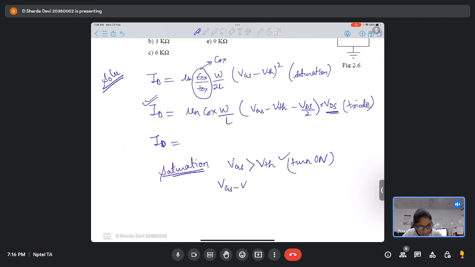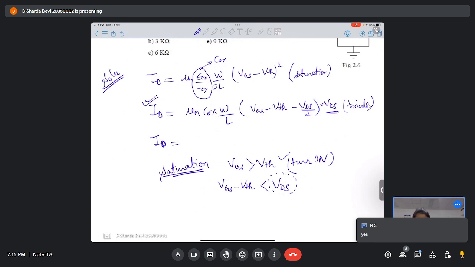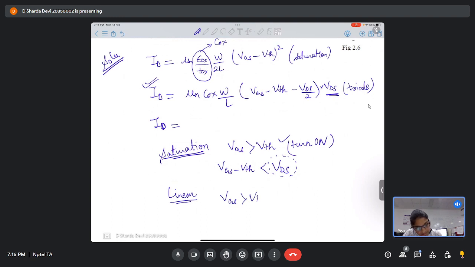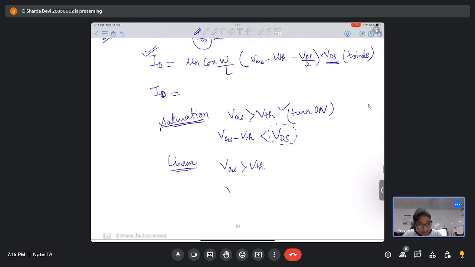VGS minus VTH should be less than VDS, right? So here this VDS is the one that defines the region of the transistor. Now if I say linear, that means here also VGS will be greater than VTH, but VDS will be much less than VGS minus VTH.